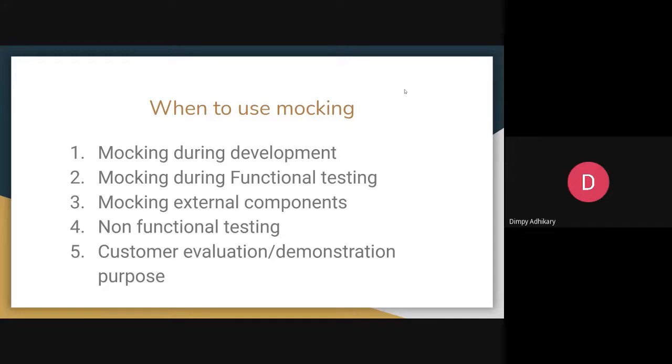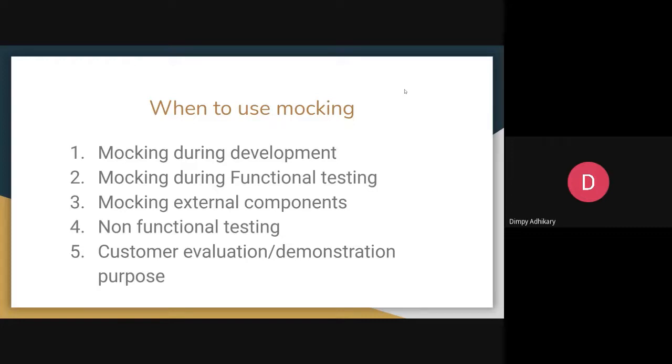It can also help in non-functional testing. How does it help? Basically, the response from a mock is faster. So you can create your load test scenarios, and different scenarios you can see.